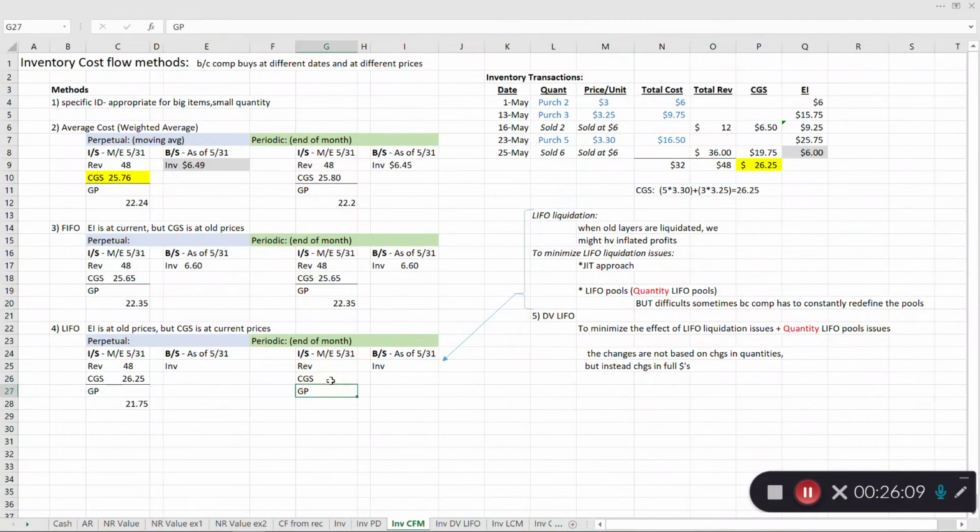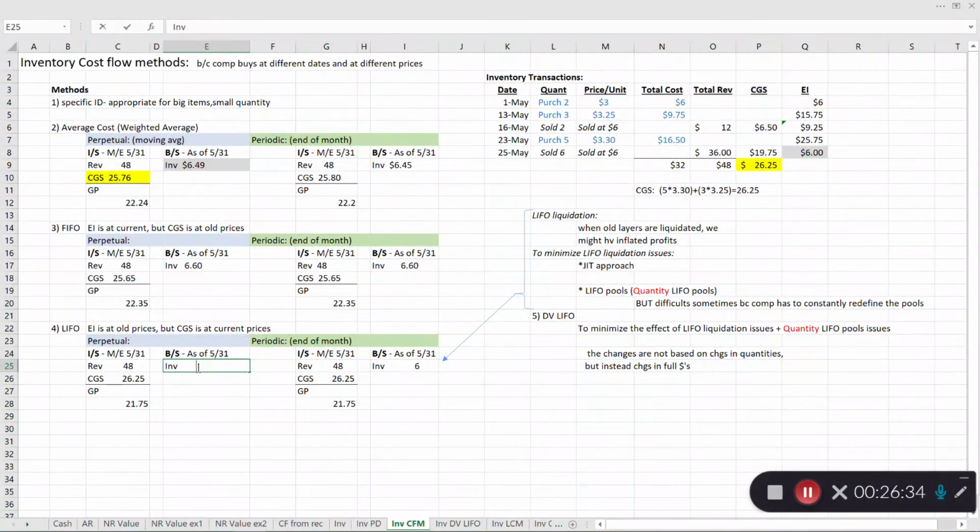Unfortunately, that's the way it worked out. Okay, so that's 2625. This is 48. And my gross profit is going to be the same. My ending inventory is going to be $6 as well.